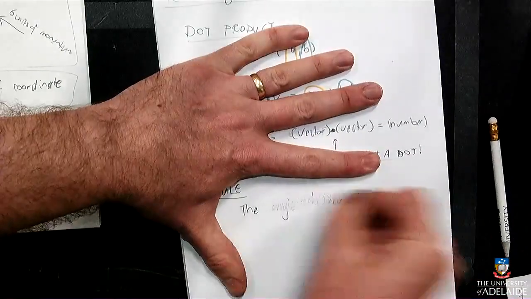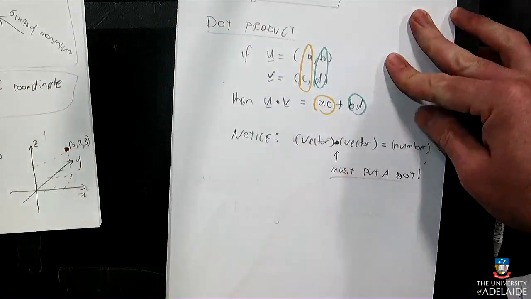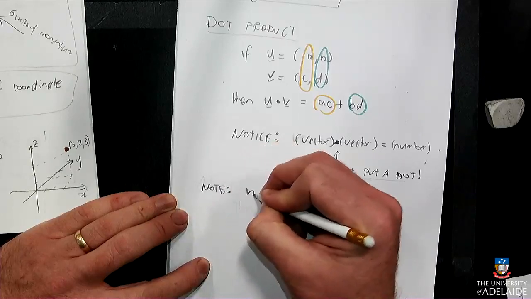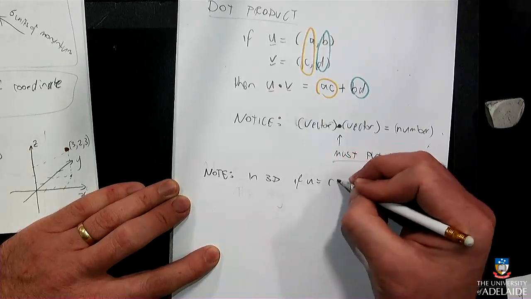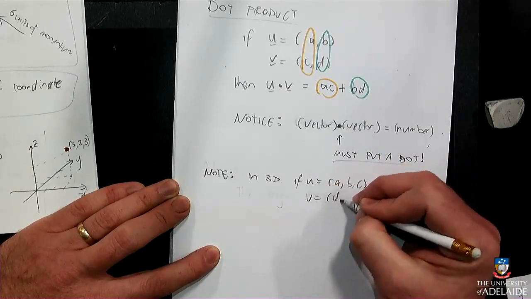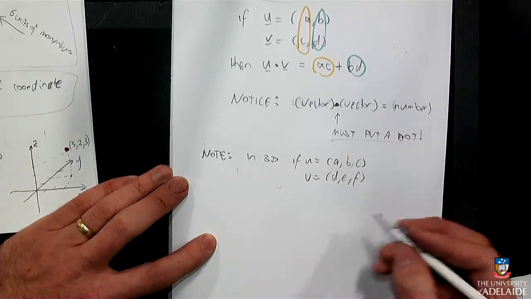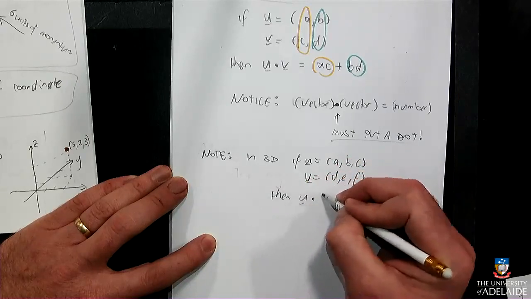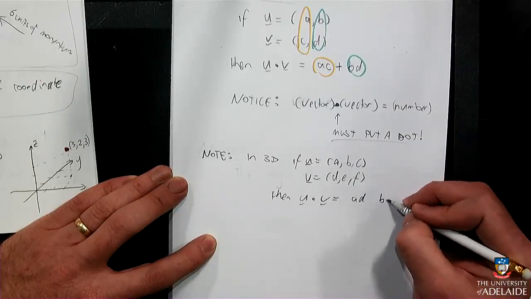Just wait a second. Just let me note what it looks like in 3D. Note: in 3D, if u is equal to a, b, c, and v is equal to d, e, f, that's not the number e, it's just a letter, then u dot v is ad plus be plus cf.